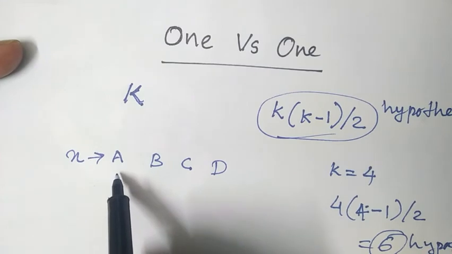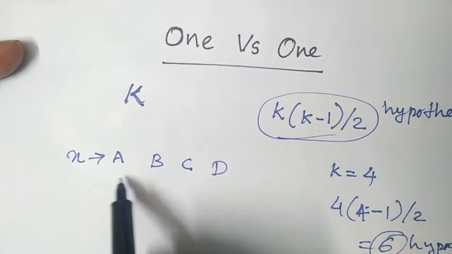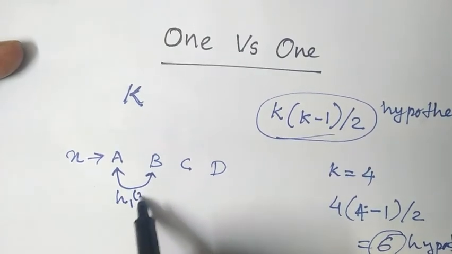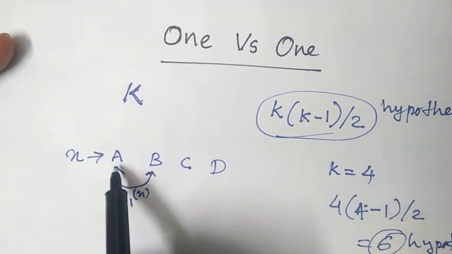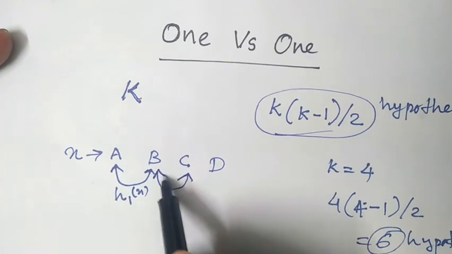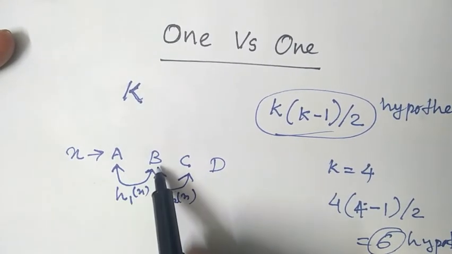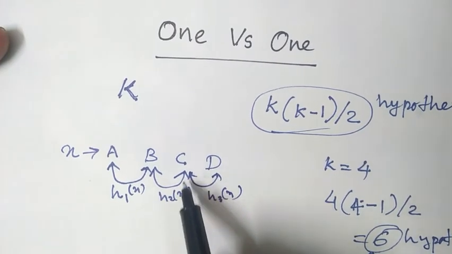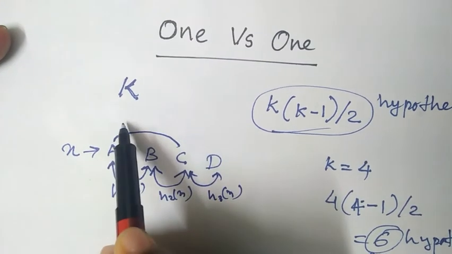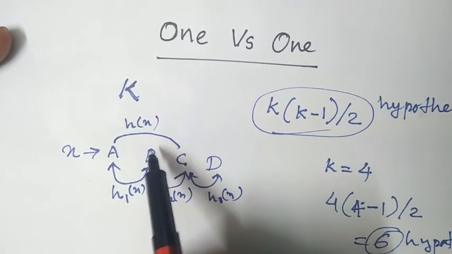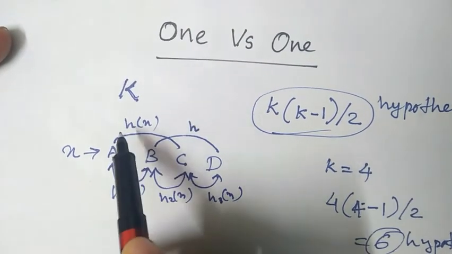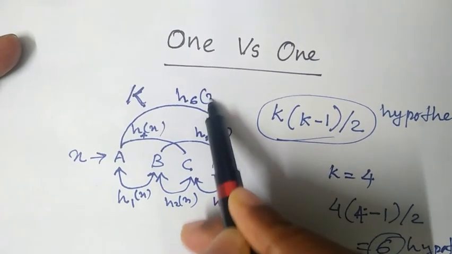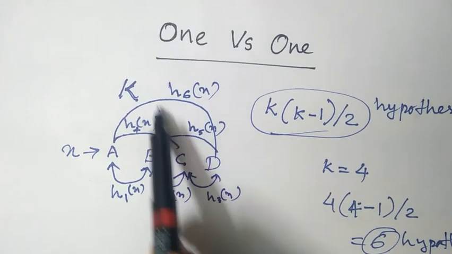First we consider 2 classes, A and B. We pair A and B and construct the first hypothesis H1 of X to classify whether X belongs to A or B. And the second hypothesis H2 of X classifies X to either B or C. The third hypothesis H3 of X classifies X to C or D. Another hypothesis H4 of X classifies into A or C, and the next classifier H5 of X, and finally H6 of X classifies into A or D. So these are 6 classifiers.